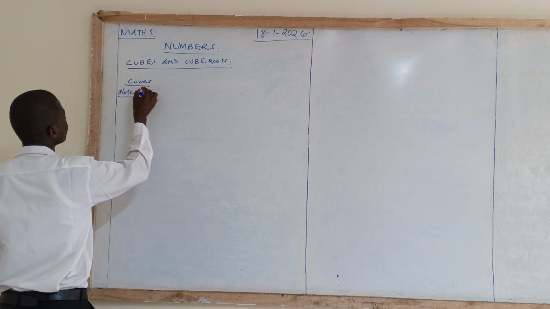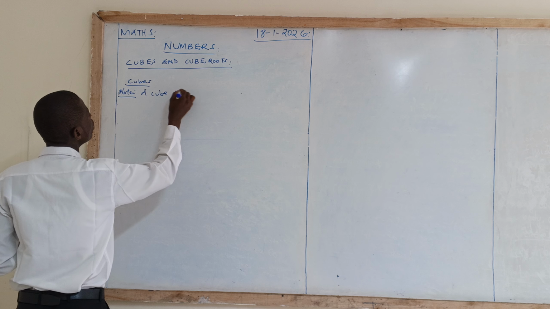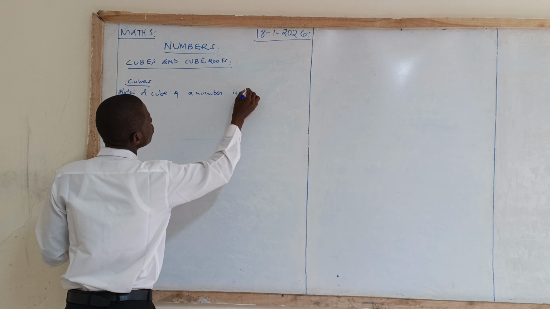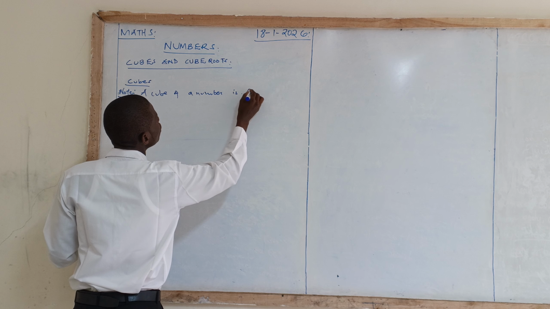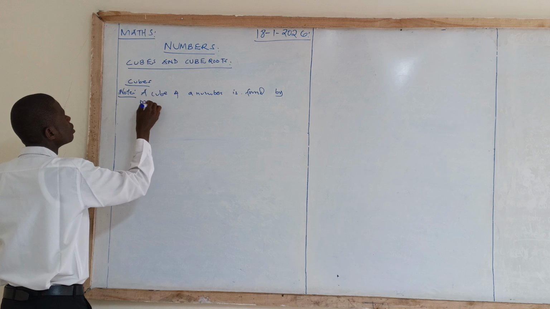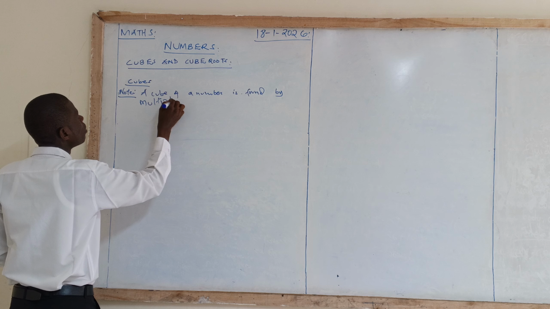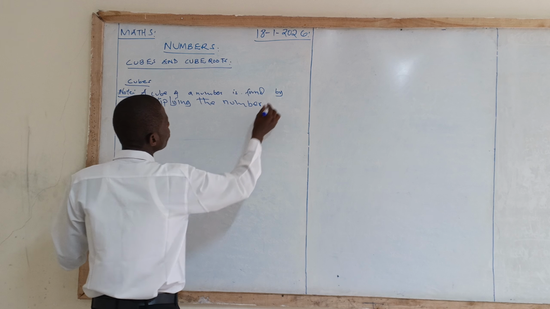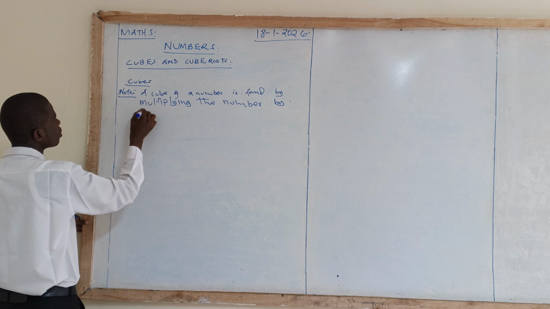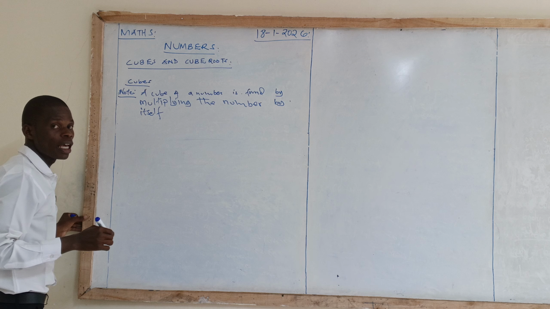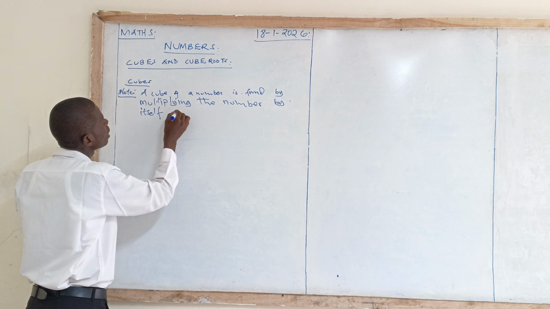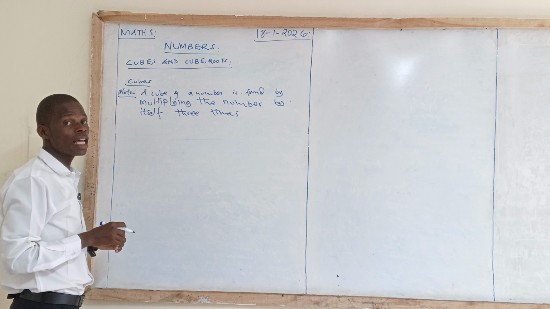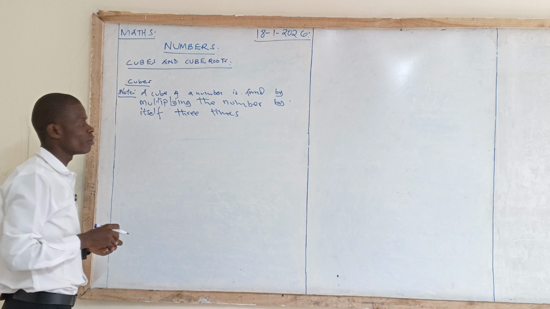So, note and say that a cube of a number is found by multiplying the number by itself 3 times, or thrice. You find the cube of a number.